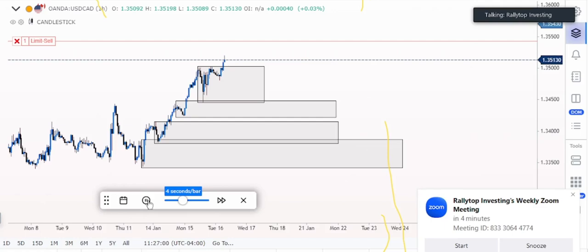Don't you find a fair value gap there? Fair value gap has to do with 3 candle formation: candle number 1, candle number 2, and candle number 3. So there is a fair value gap there.